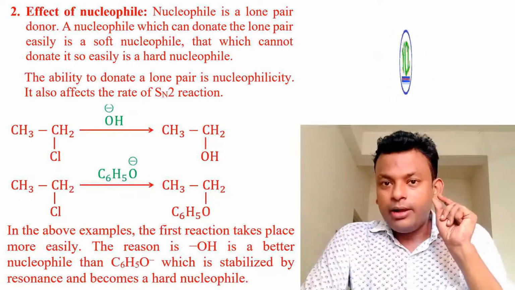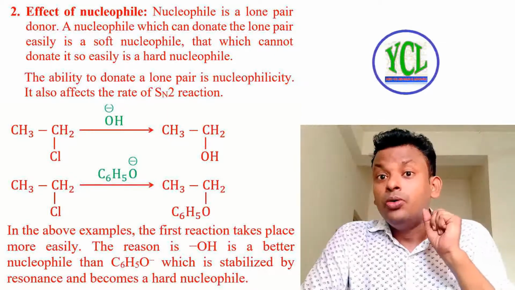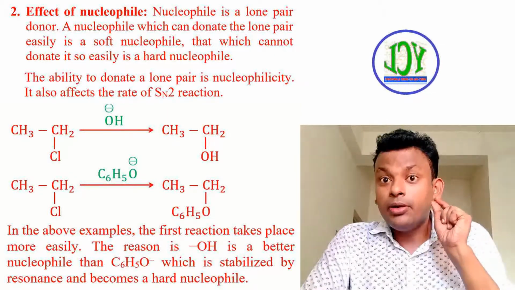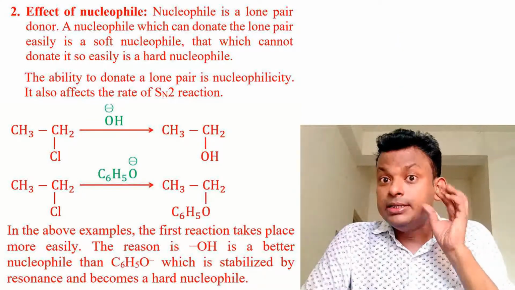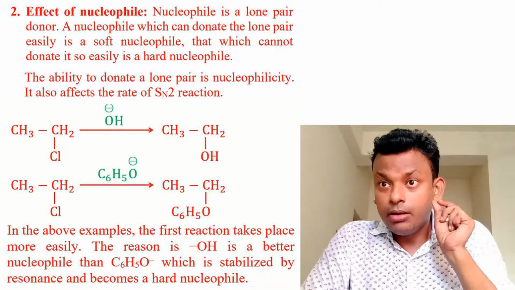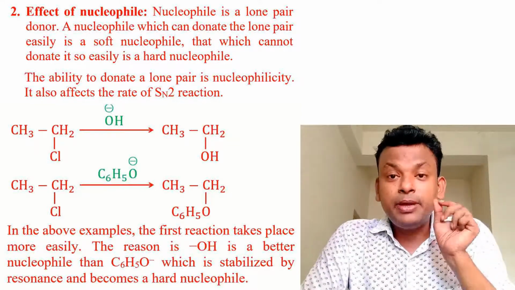In the second, the phenoxide ion is more stable due to resonance, and the lone pair cannot be given easily. So the first reaction takes place more easily.